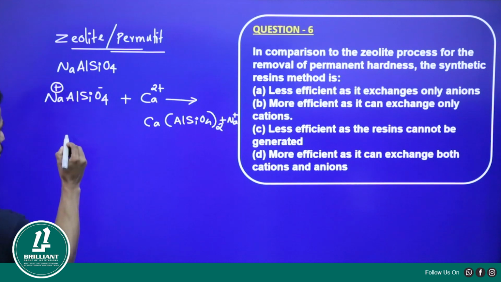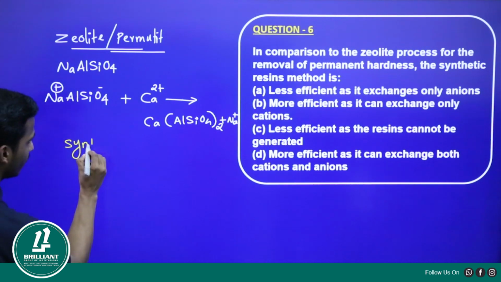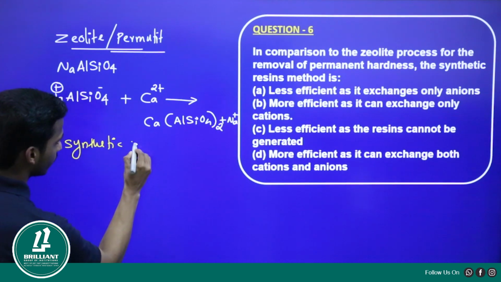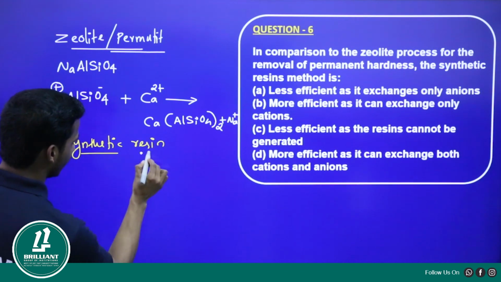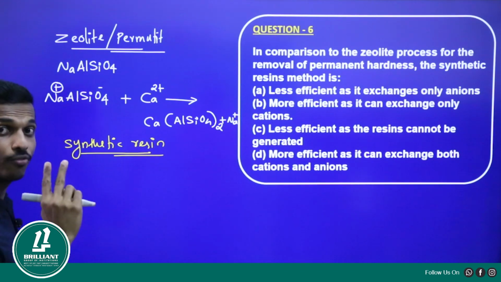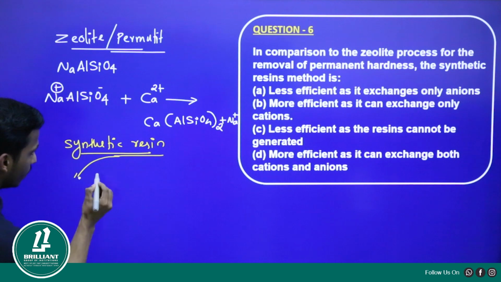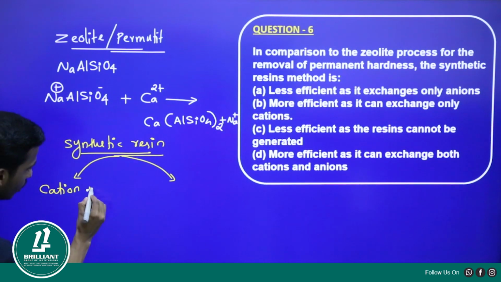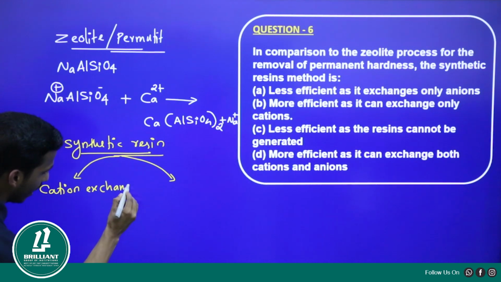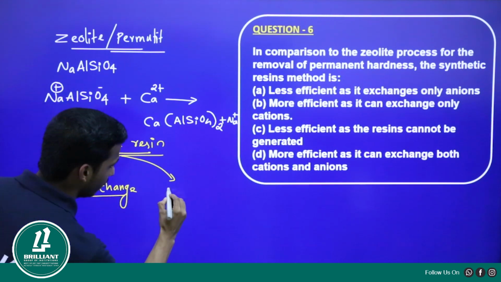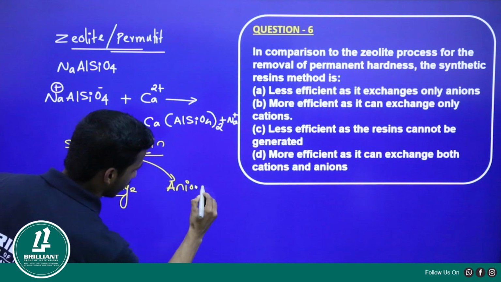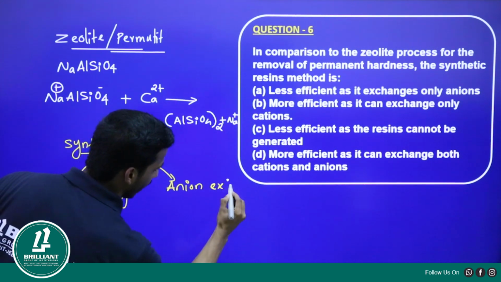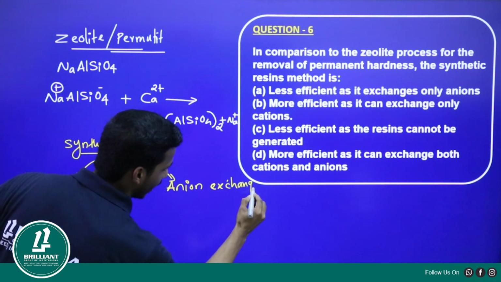resin method. While coming to the synthetic resin method, students, there are two types of resin. They are cation exchange resin and anion exchange resin.